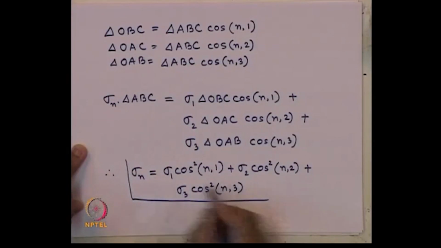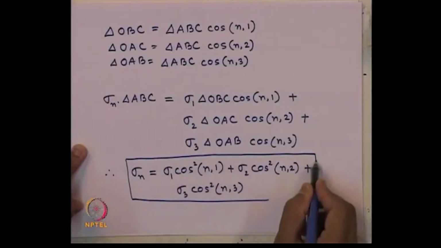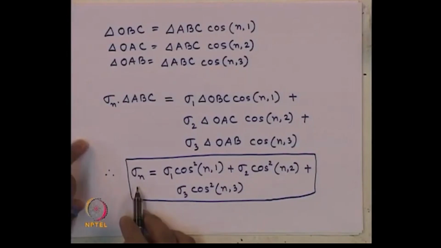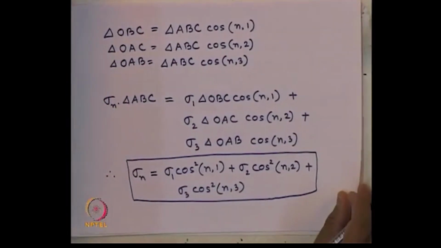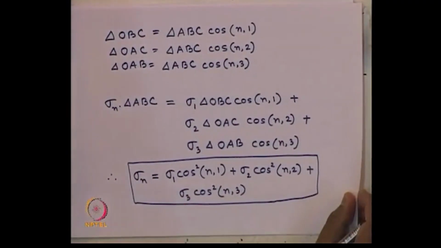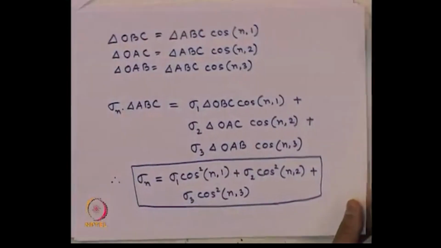This is the expression by which mathematically we can obtain the normal stress on any nth plane from the given 3 principal stresses sigma 1, sigma 2, sigma 3, and knowing the angle of that normal plane with respect to those principal stress directions. Now, mathematically we have obtained this. Let us see how we can obtain the shear stress now.